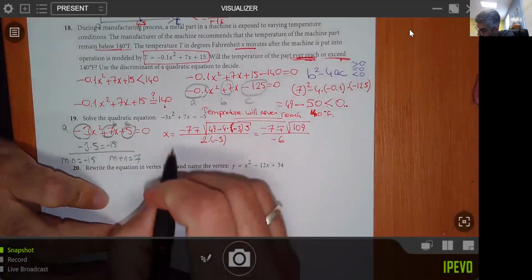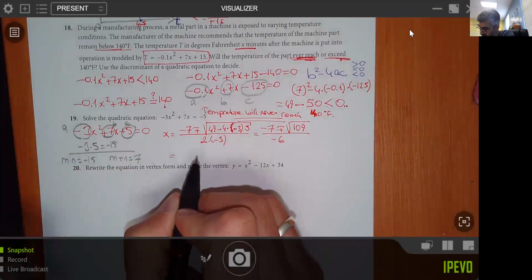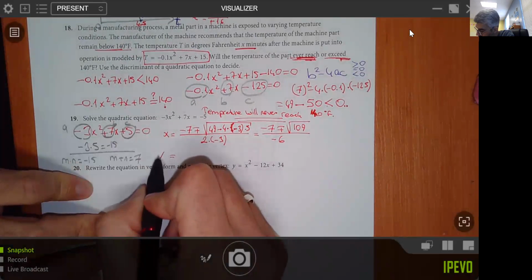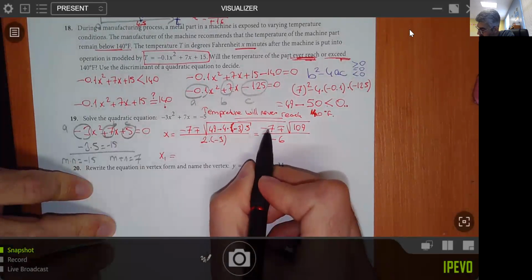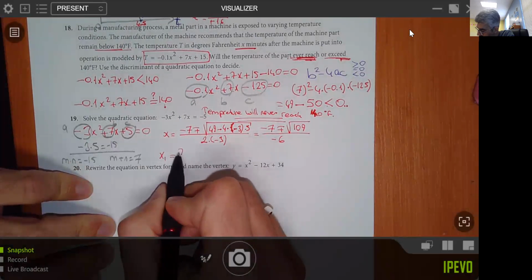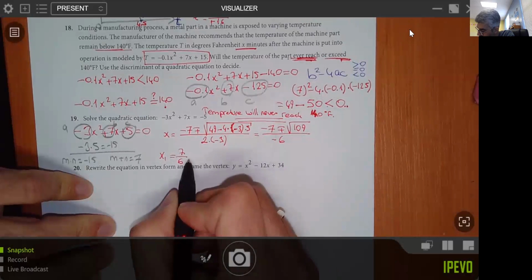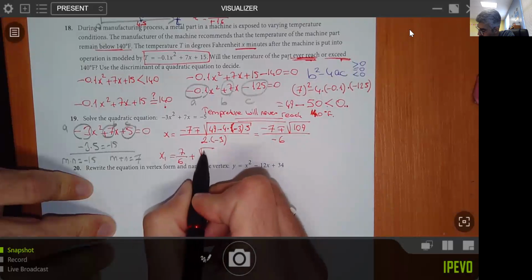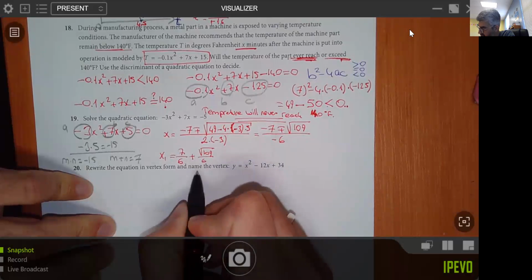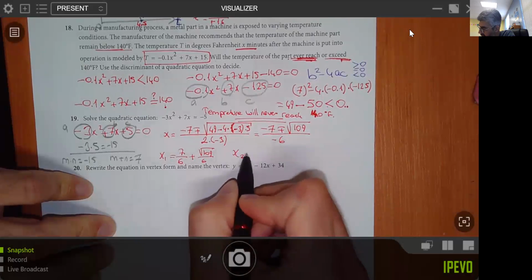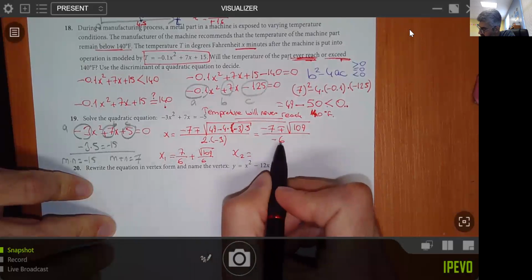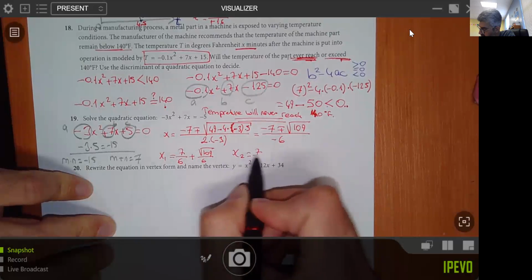I write it like so, the two solutions right here. Solve the quadratic equation. X sub 1 is negative 7 over negative 6, so that is 7 over 6. Okay, minus over minus, plus root 109 over 6. This is the first solution. And x sub 2 is negative 7 over negative 6, it is 7 over 6.